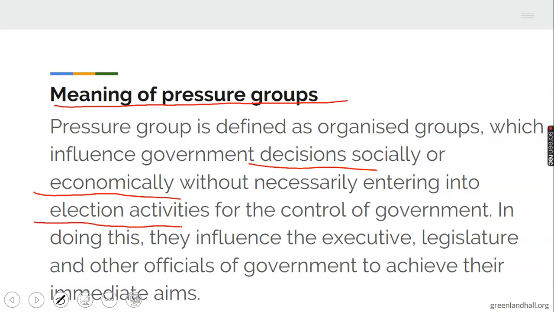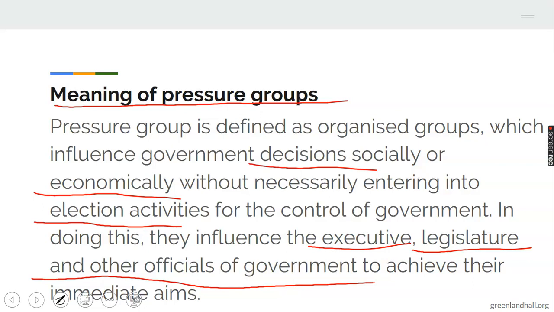In doing this, they influence the executive, that is the executive arm of government, the legislature, that is the legislative arm of government, and other officials of government to achieve their immediate aims.